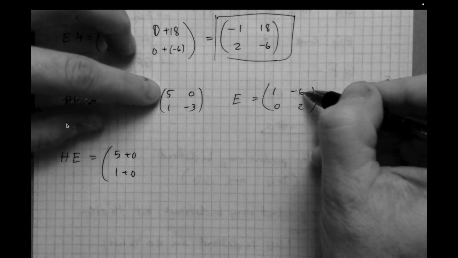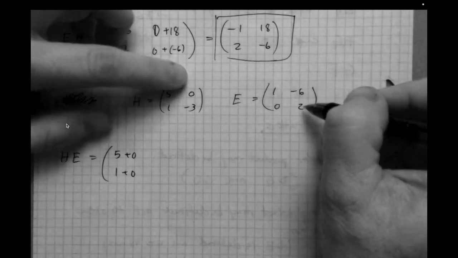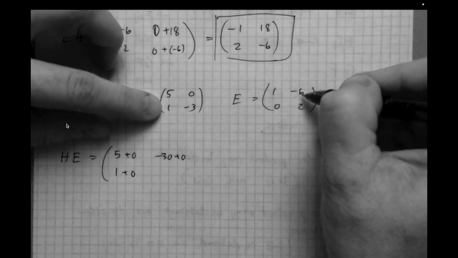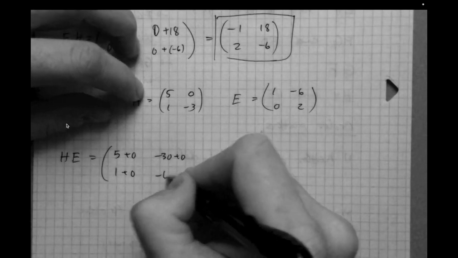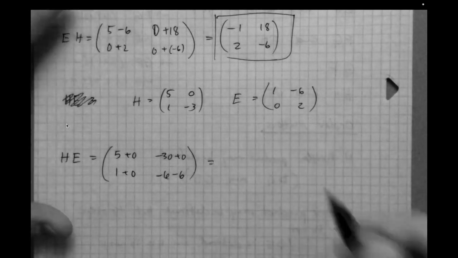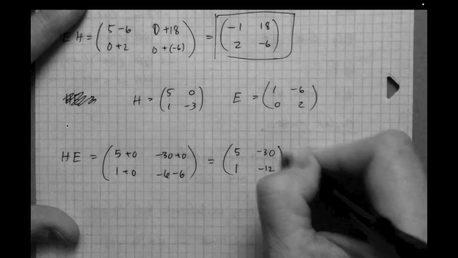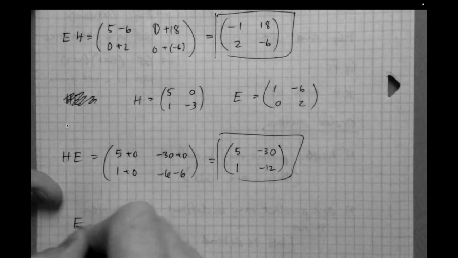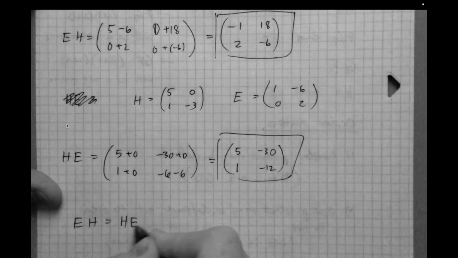And then it's 5 times negative 6, so that's negative 30 plus 0. And then it's negative 6 minus 6. Okay, and so what do you get? You get 5, negative 30, 1, and negative 12. Right, so EH is this guy, and HE is that guy, and they're not equal.